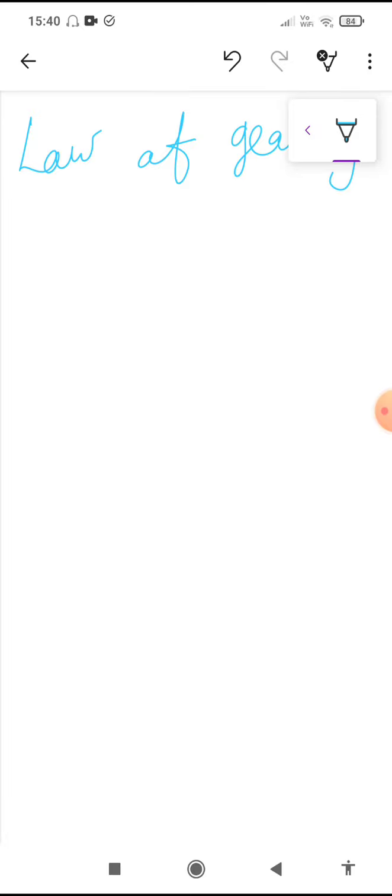The two teeth come in contact at point C. So suppose, let me draw this. This is gear 1, and this is gear 2. So this is the tooth of gear 1 and this is the tooth of gear 2. Now they are in point of contact at C.